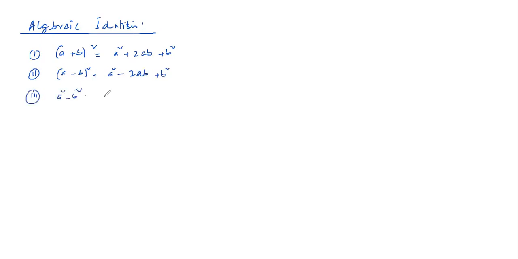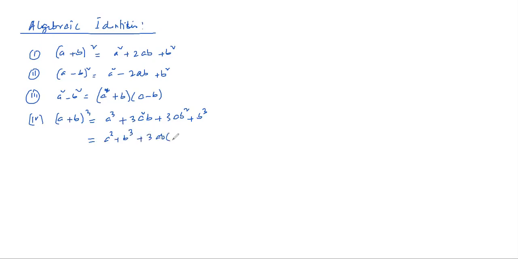Can you recall this? You got it already. Whatever you did not get, that you write. This cube you might not have got, so you write this is one of the expressions, the other is a cube plus b cube minus 3ab into a plus b.